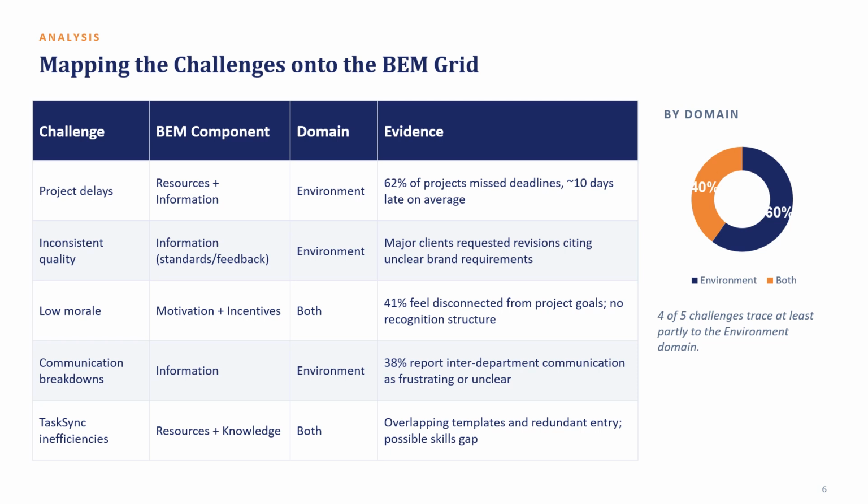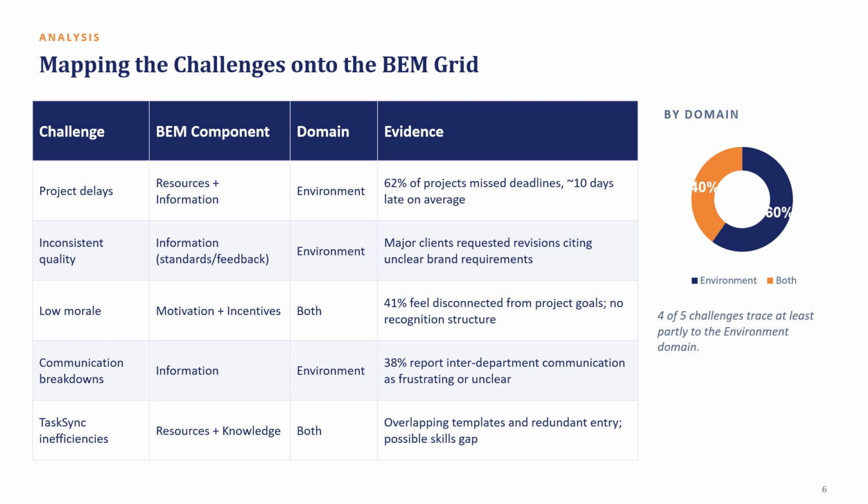For low morale, it has been mapped onto motivation and incentives, and the evidence is that 41% feel disconnected from project goals. For communication breakdowns, it's been mapped onto information under the environment domain. Evidence is that 38% report interdepartment communication as frustrating or unclear.